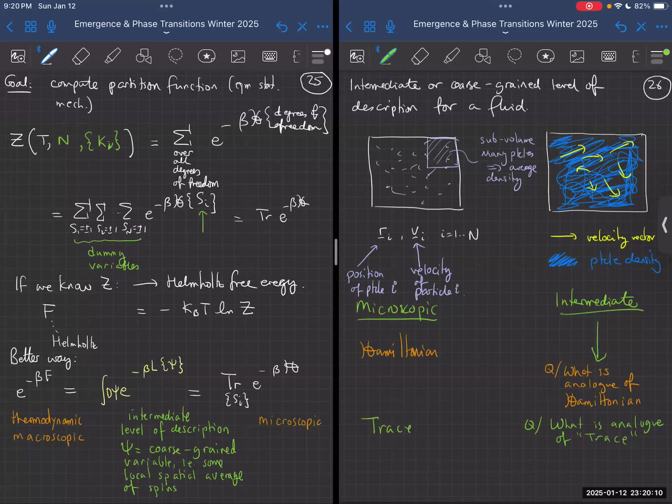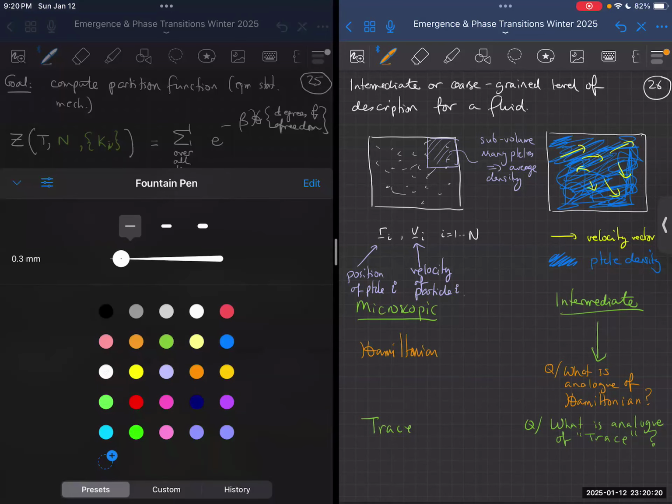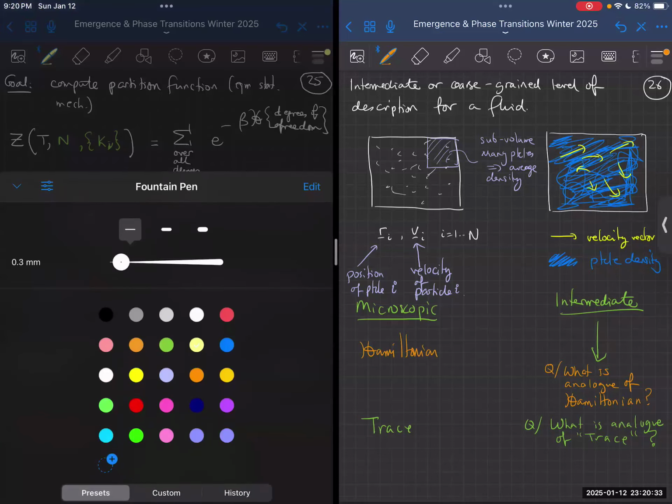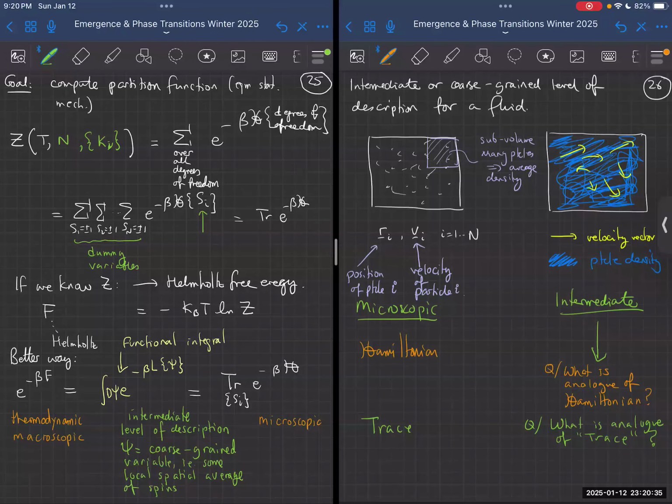I'm not going to answer those questions today, but I'm just going to tell you that on the left-hand side, this thing here is called a functional integral, and this thing over here is called our effective Hamiltonian or Landau free energy.